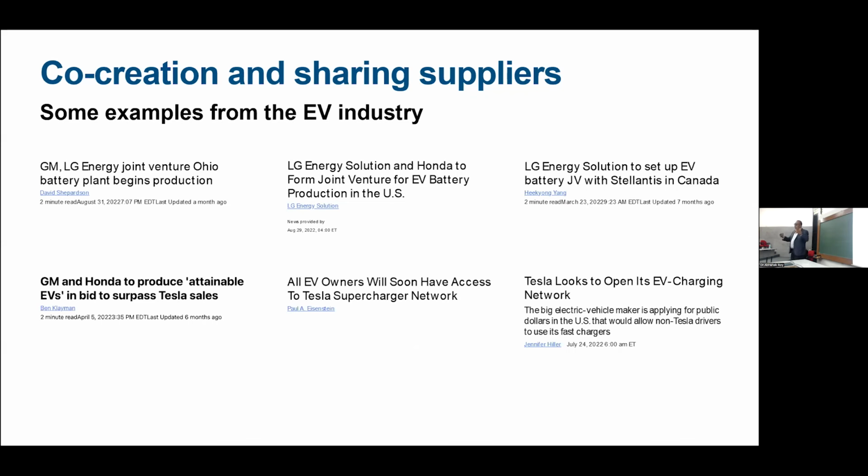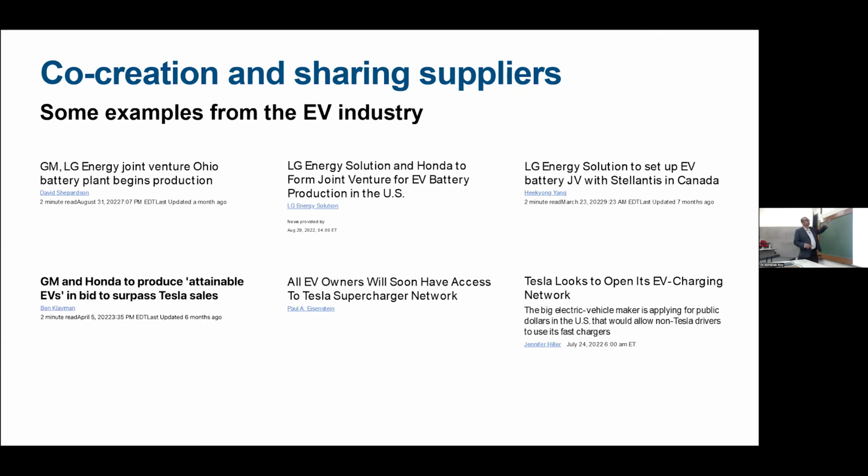It's a higher quality product that fits the market need better. The examples being GM and LG Chem have a joint venture to create better batteries for EVs. LG Chem and Honda have created a joint venture to create better EVs. LG Chem and Stellantis have a joint venture to make better batteries for EVs.